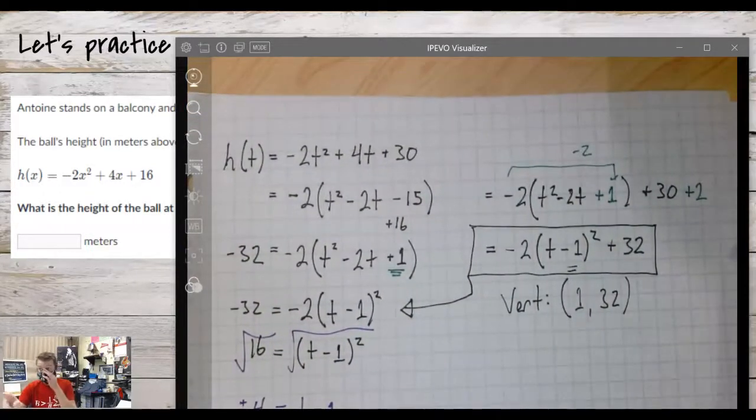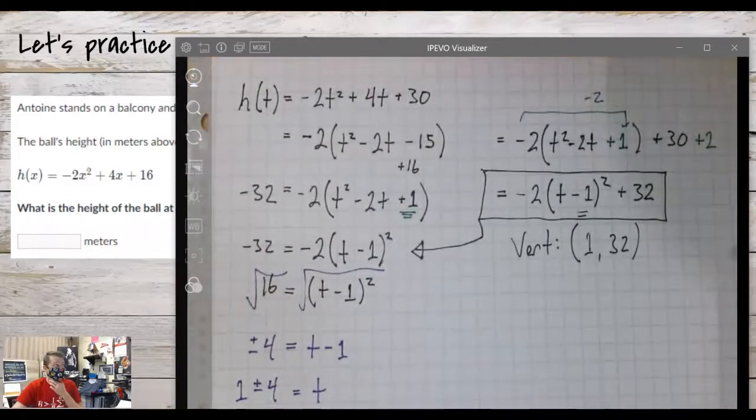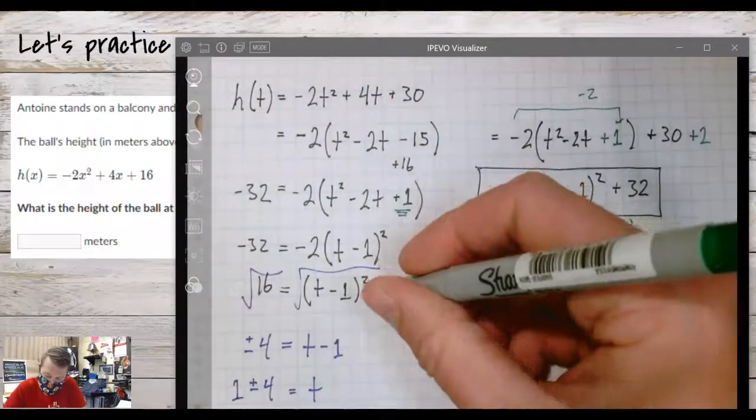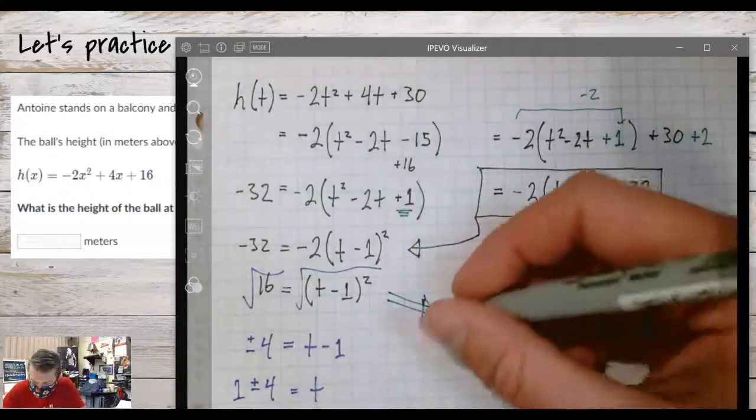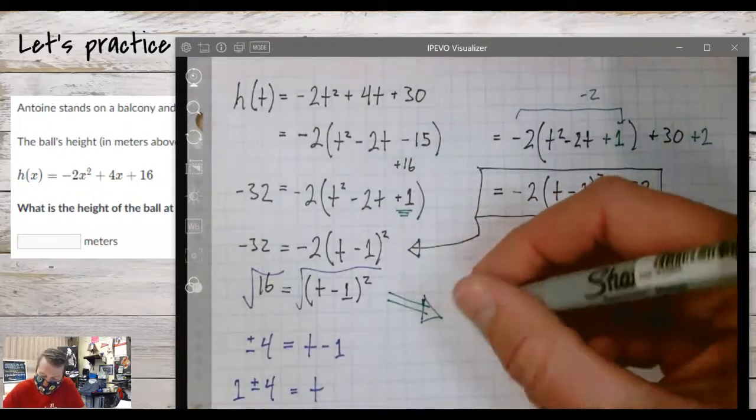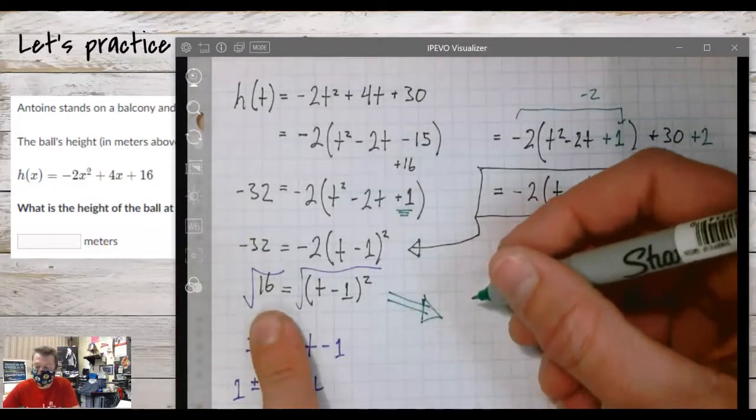Yes. Wait, so 16 equals t minus 1 squared. If you subtract 16, wouldn't that mean there's a different vertex? Yeah, but that's a different function. Because if you multiply back out that function, and by different, I mean same. So if we subtract 16 from both sides, right?